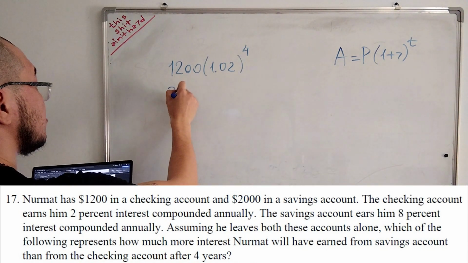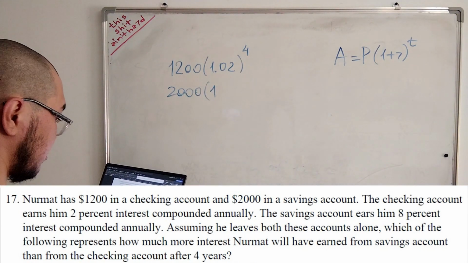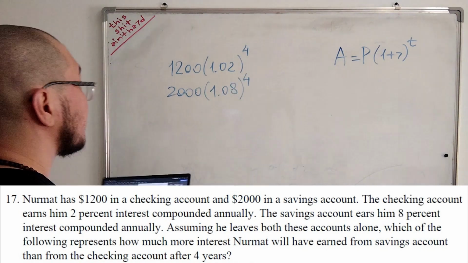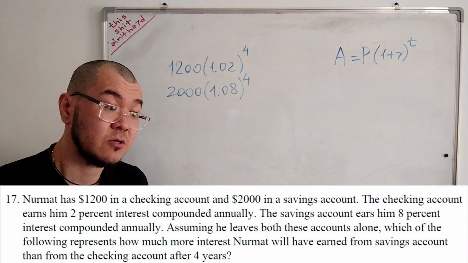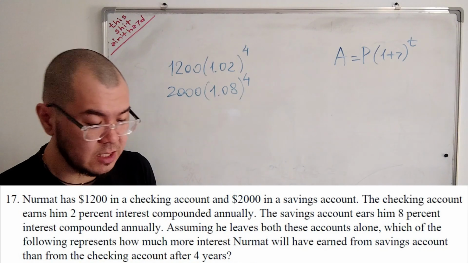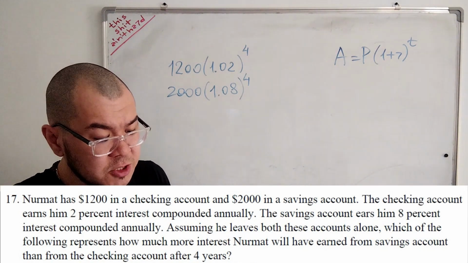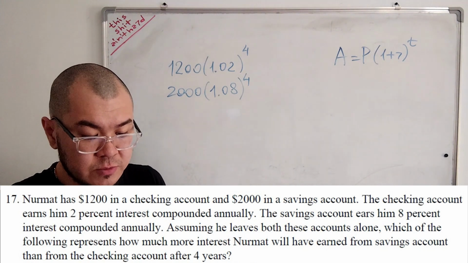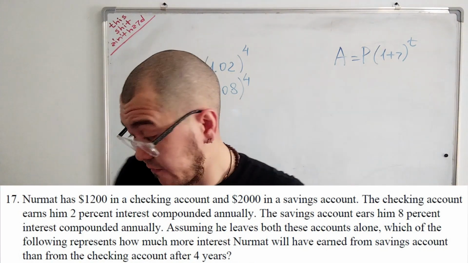And 2000 times 1 point, how many percent? 8%, 1.08 to the power of 4. This is the total amount of money Nurmat will have in his savings account. But the question is how much more interest Nurmat will have earned from the savings account than from the checking account after 4 years.